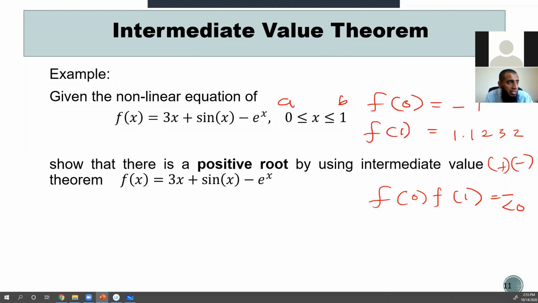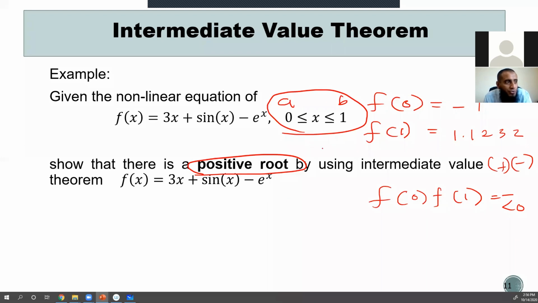Okay, so in here we can see that they write positive root. How to know that there is a positive or negative? Anyone can answer? Abdul Malik? No one can answer. Why positive root? I don't know, doctor. Okay, actually it's because the interval is at the positive.